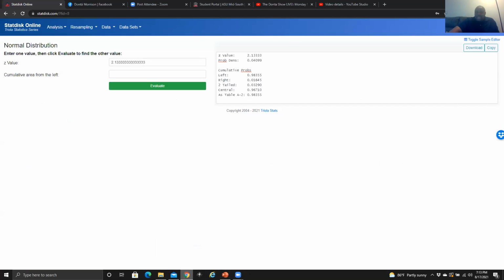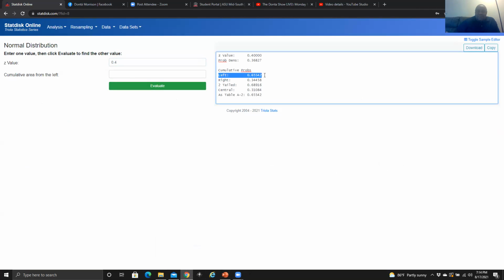So let's go to StatDisk. In this case, the Z-value, 0.4, we type that in. Cumulative area from the left, we leave that blank, so we click evaluate. And it says, in this case, less than.